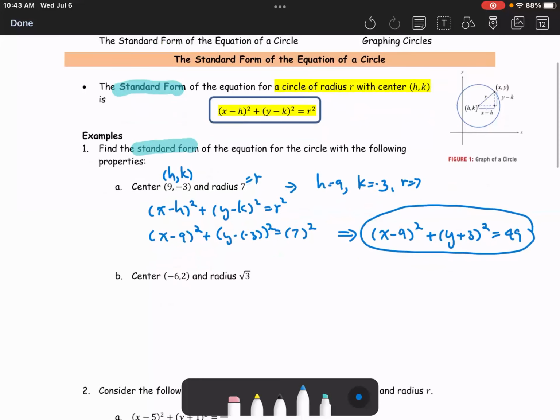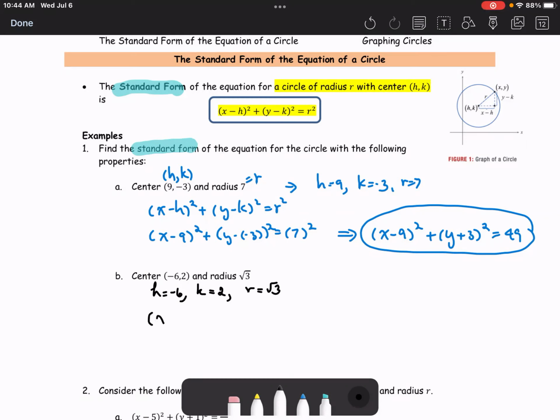For part B, the center is (-6, 2). The radius is √3. That means the h value is -6, the k value is 2, and r is √3.